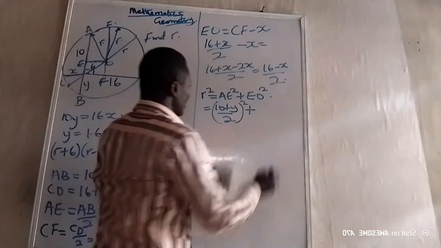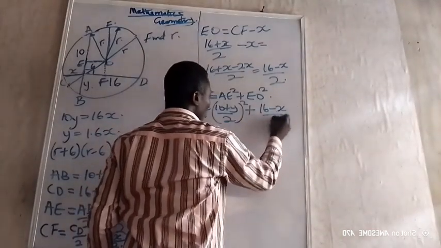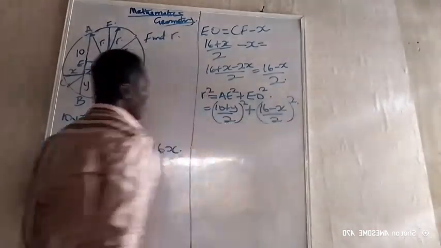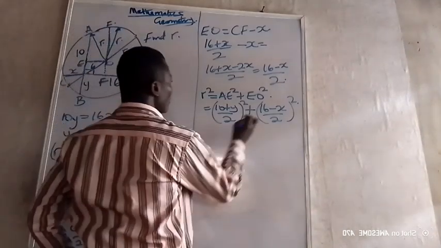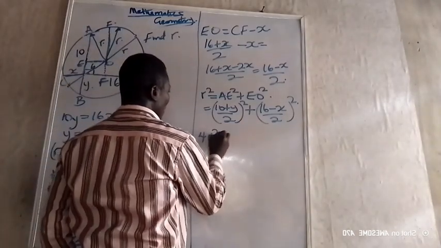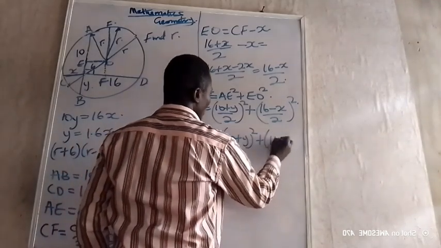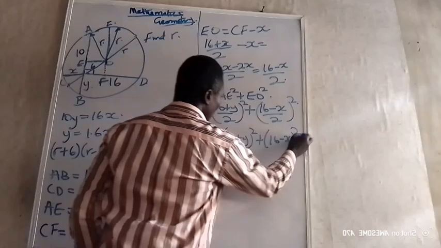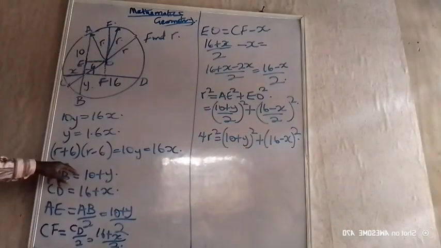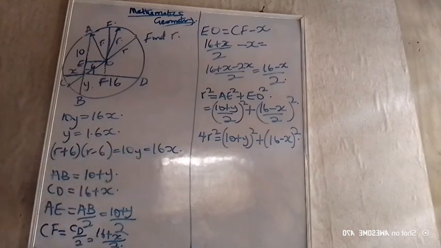EO, 16 minus x over 2. So you can say 4R squared is equal to 10 plus y all squared plus 16 minus x all squared. From here, let me get equation for R in terms of x.